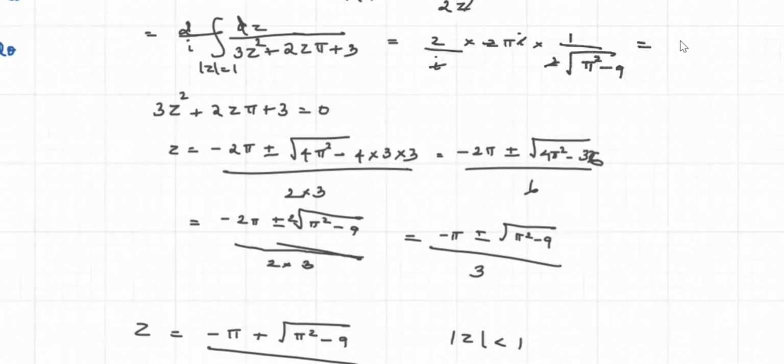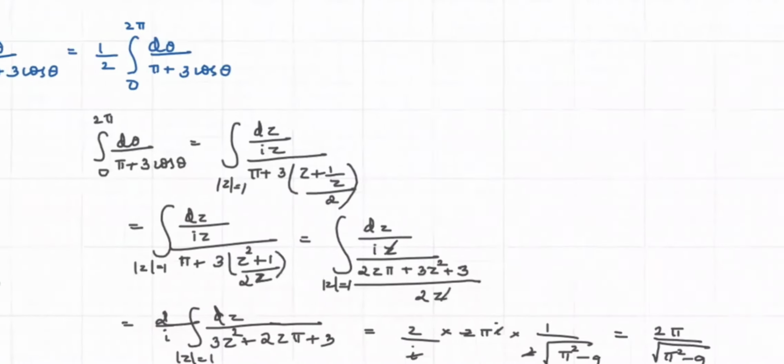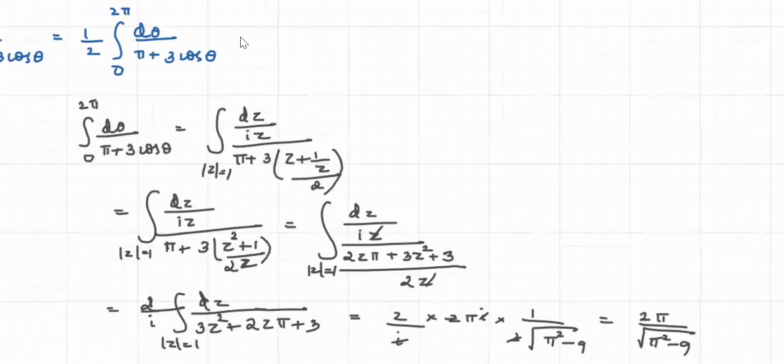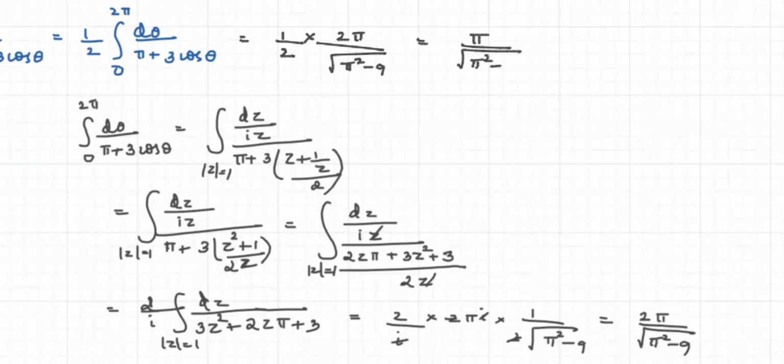So this is equal to 2 pi by root of pi square minus 9. Now our original integral we are getting by dividing this answer by 2. So this is equal to 1 by 2 times 2 pi by root of pi square minus 9, and that is equal to pi by root of pi square minus 9, and that is our integral value.